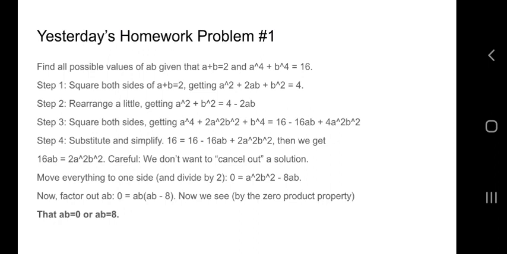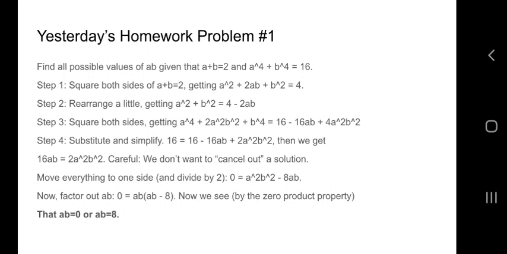I'm just going to rearrange those terms so that we have 2a squared b squared minus 8ab equaling 0. And notice throughout that process, you can cancel a 2. So the 16ab is going to turn into 8ab, and the 2a squared b squared is going to turn into a squared b squared. That's because every term in the equation has a factor of 2, so we can just cancel that out.